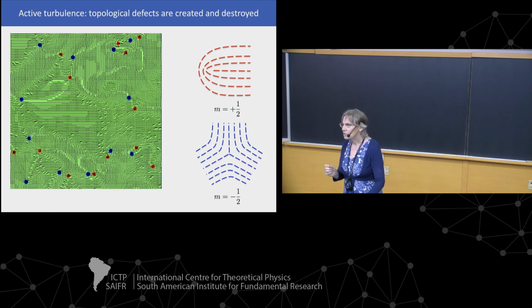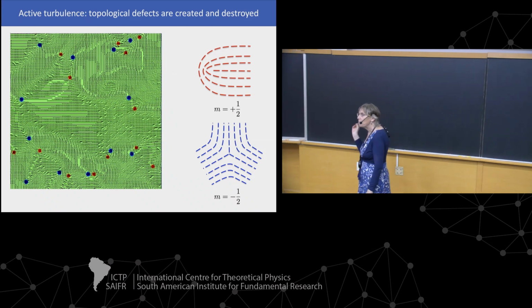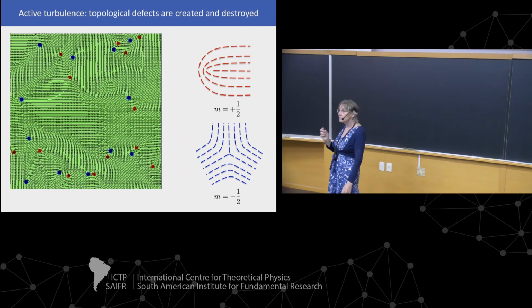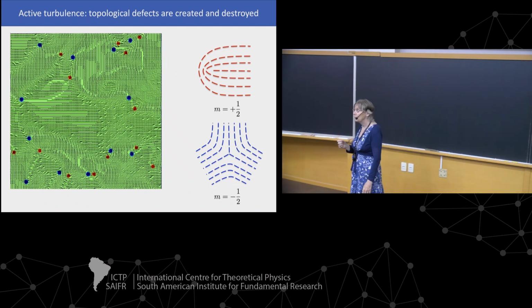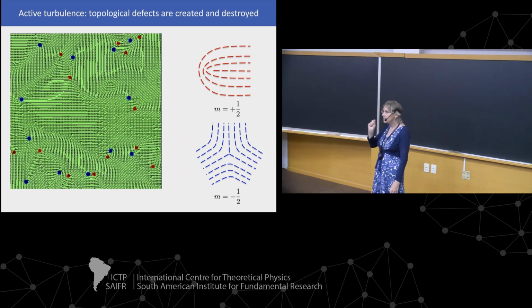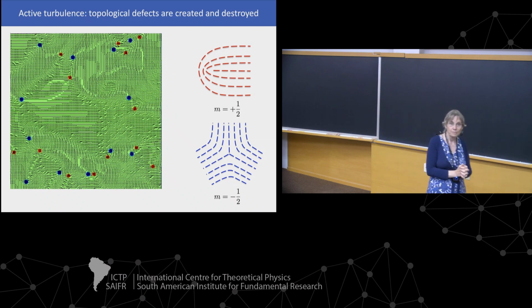And that makes sense, right? Because we're active, we're pumping energy into this system. The activity is like having an energy flow through the system. And so there is energy which can locally fight against the elastic distortion, and you can overcome an energy barrier, and you can get these defects popping out.